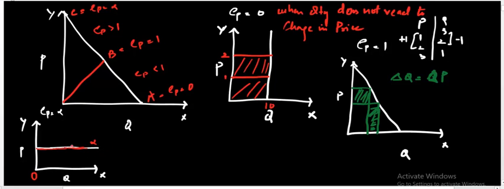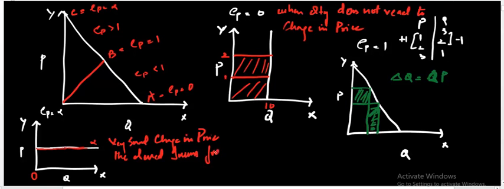So what does a consumer do with a very small change in price? The demand increases from 0 to infinity. So a very small change in the price pushes the demand from 0 to infinity.